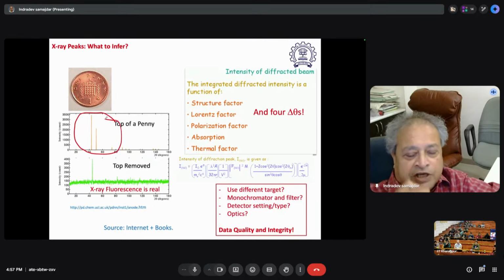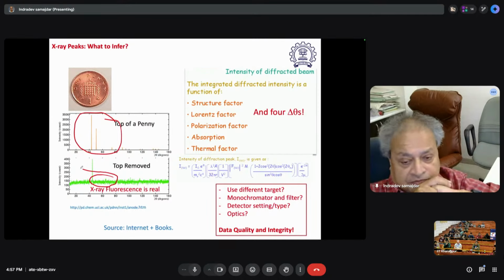Do a bit of polishing, get the copper out, most of it. You now see iron peaks and a very strong background. This is your fluorescence, and it's real. As I told you, in the initial days, we were running with a different target. Then we gave up. We started using a Kα crystal monochromator. Very good, but intensity drops.